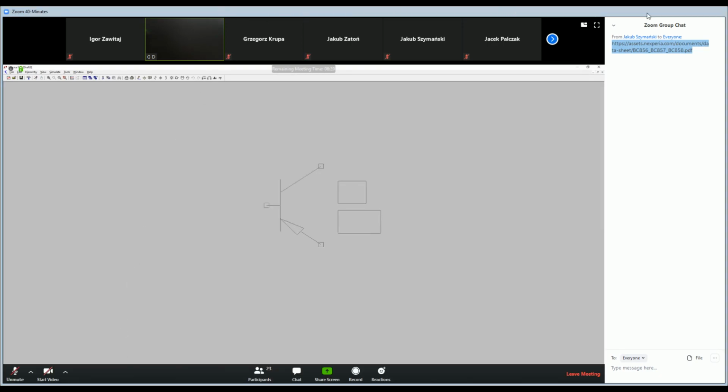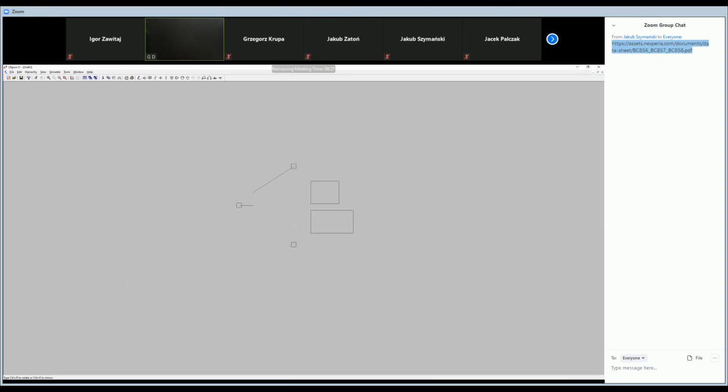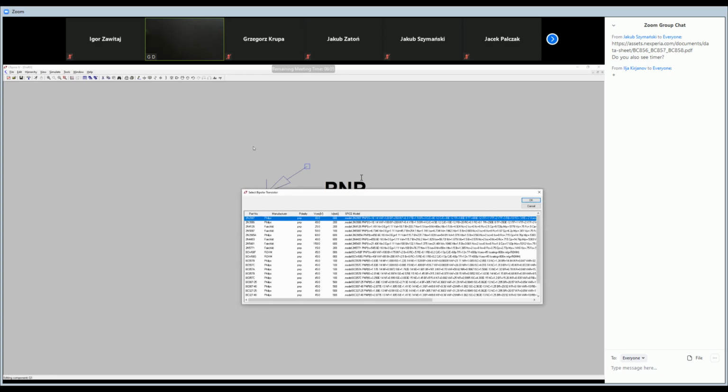Oh, I've got it. I have to change its place, maybe rotate it here. Okay, I've got it. And right clicking on the transistor, we've got the button Pick New Transistor.